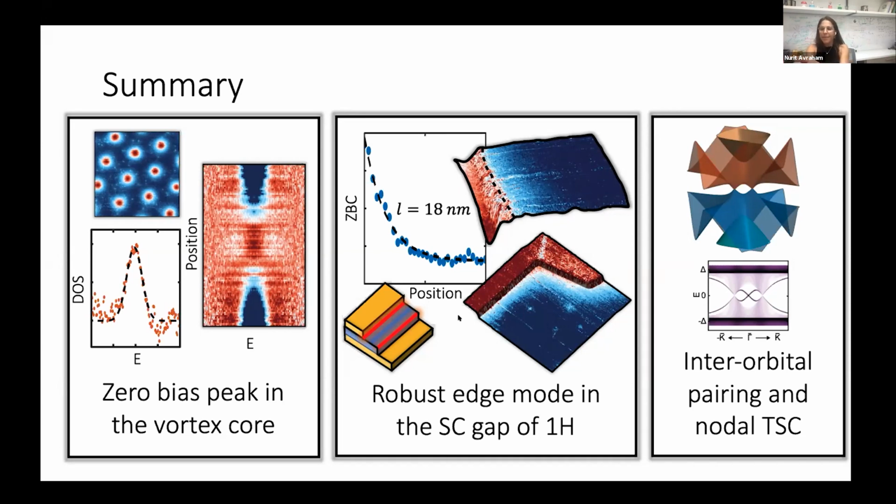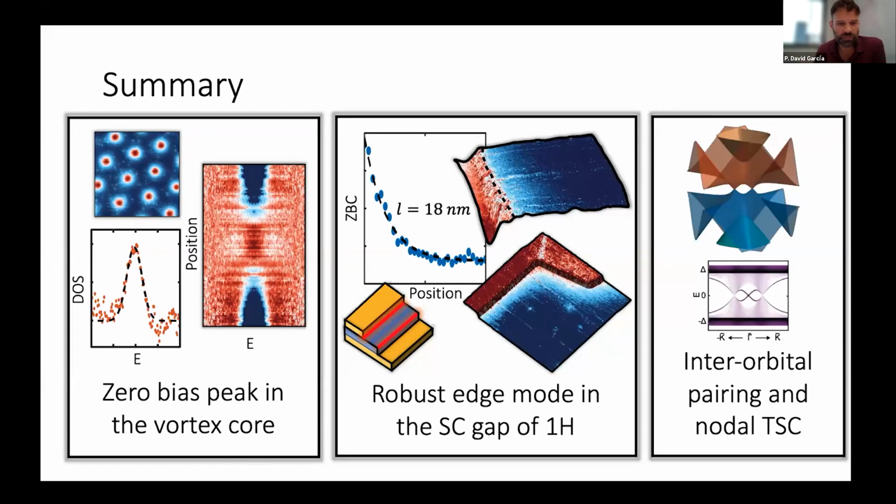The way we understand it is that the pairing is BCS plus inter-orbital pairing, and the idea is that we wanted to show that the additional density of states that we observe on the edge mode cannot be accounted for by the reduction of the gap that we see near the surface.